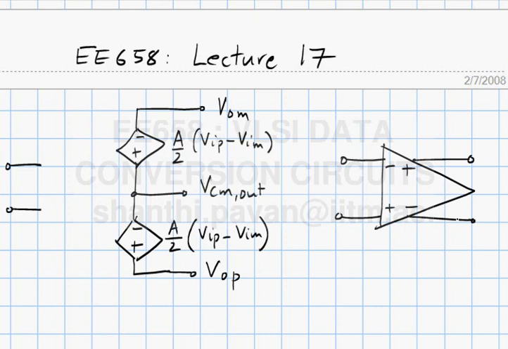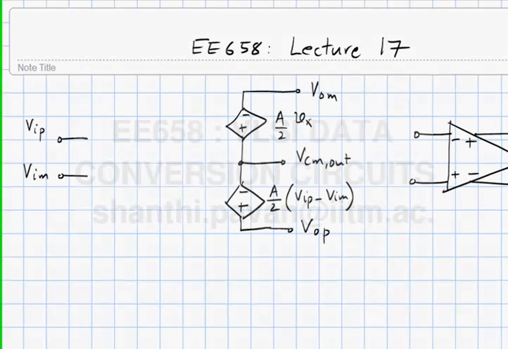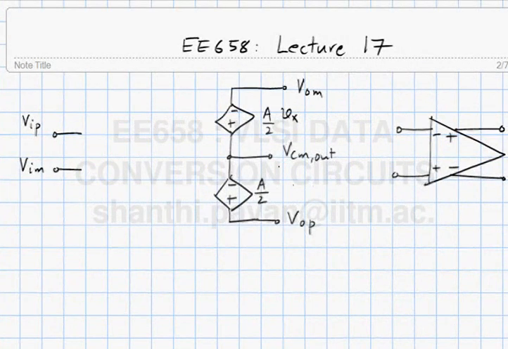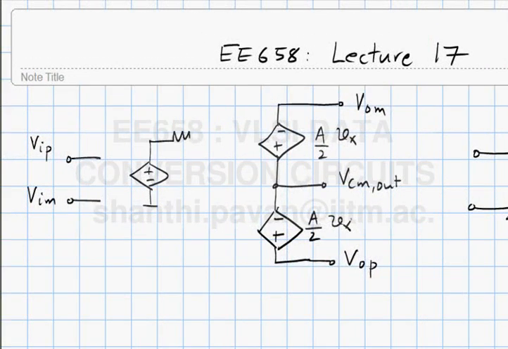In other words, a more realistic model would be that the output VOM will be A by 2 times Vx, and this will be another A by 2 times Vx, where Vx is nothing but, this is R dominant, this is V, so this is VIP minus VIM, this control source here.